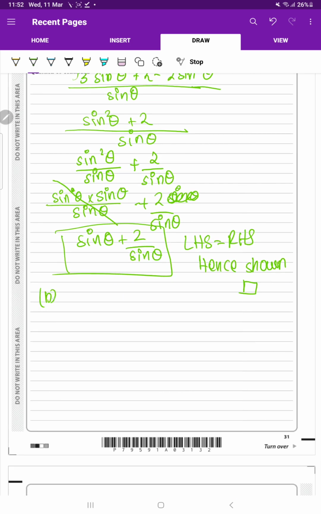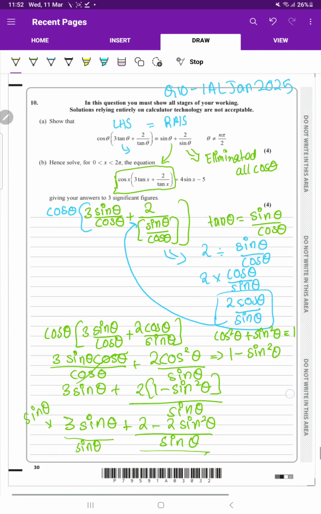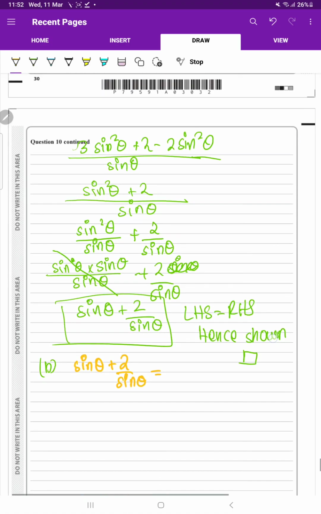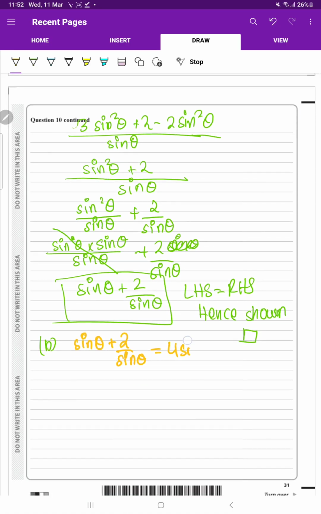So part B says, let me take another color, we have sin theta plus 2 over sin theta is equal to 4 sin x minus 5.